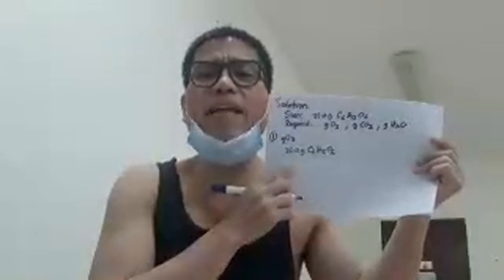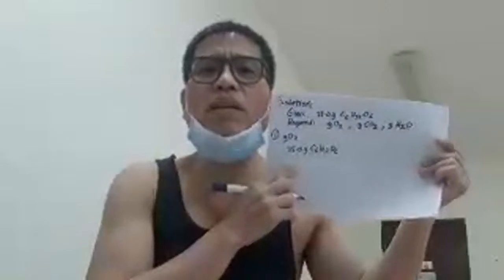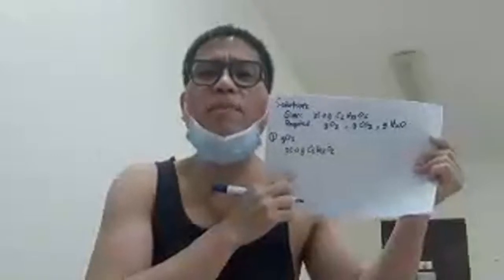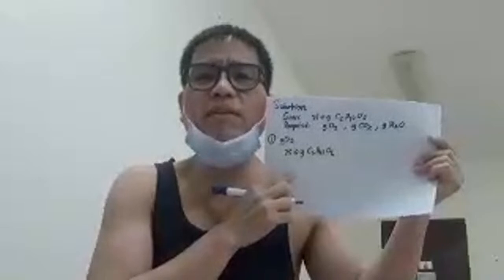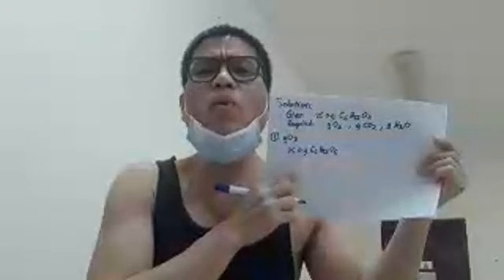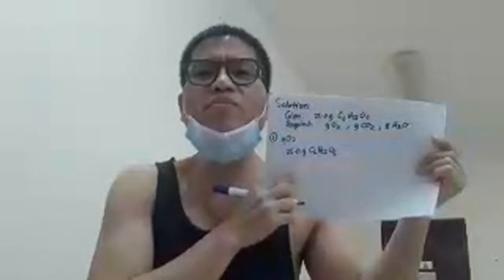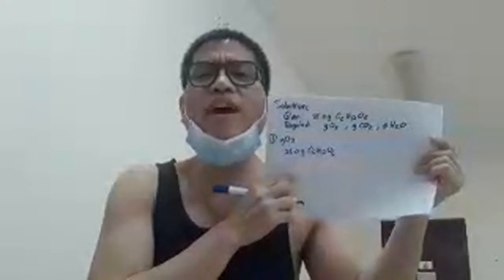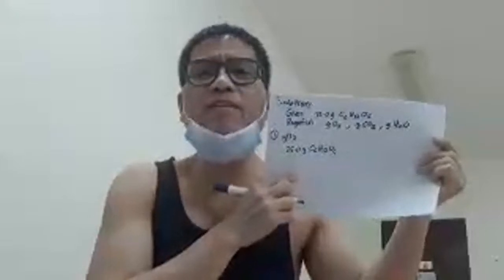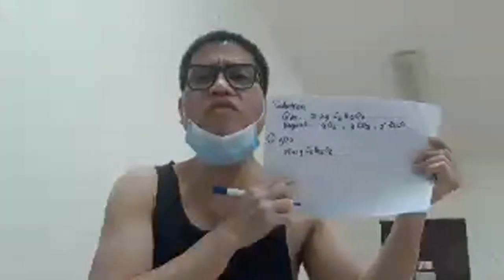For glucose, carbon 6 times 12, because the atomic mass unit of carbon is 12, plus 12 times 1.008 for hydrogen, plus 6 times 16, because oxygen has 16 atomic mass units.